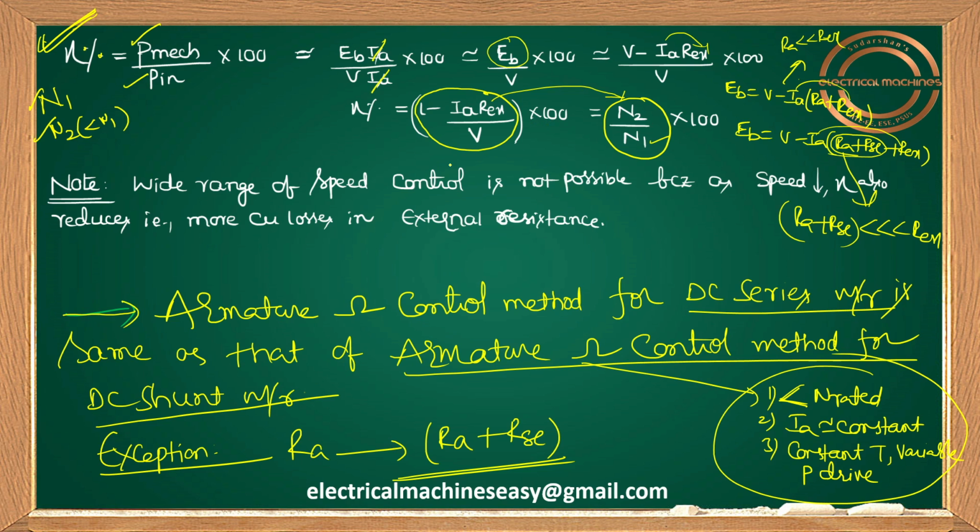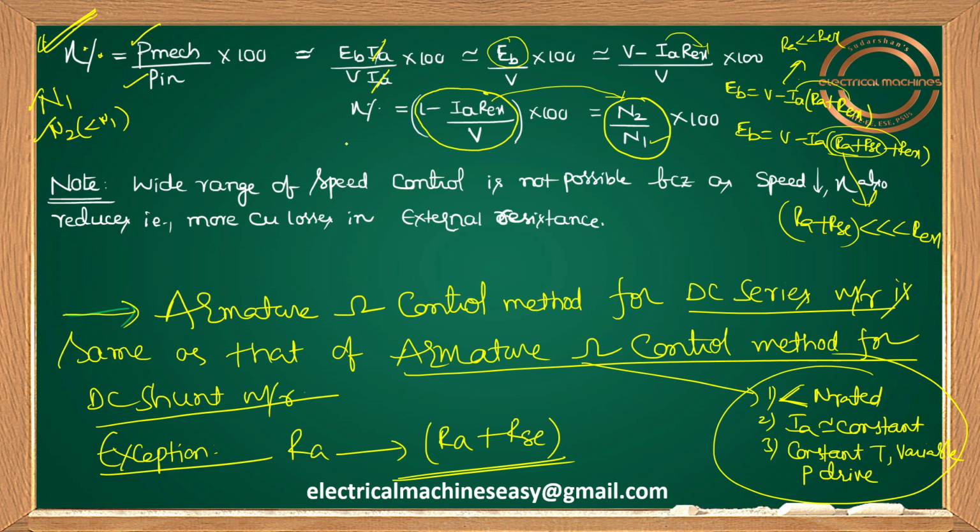And here the problem is, you can understand from this formula. N2 means what? After adding some extra resistance in the armature circuit, whatever speed you get is N2. Suppose N2 is very less, what will happen?